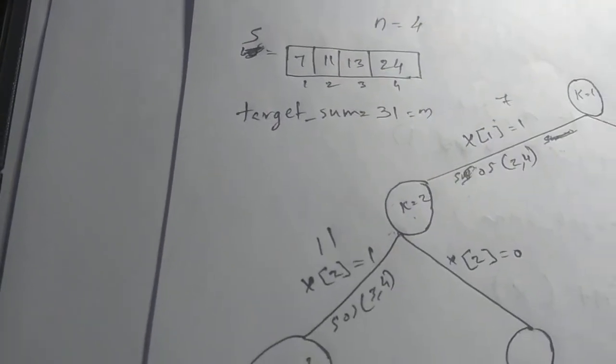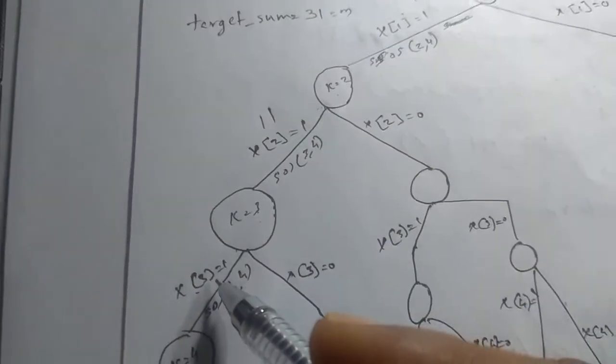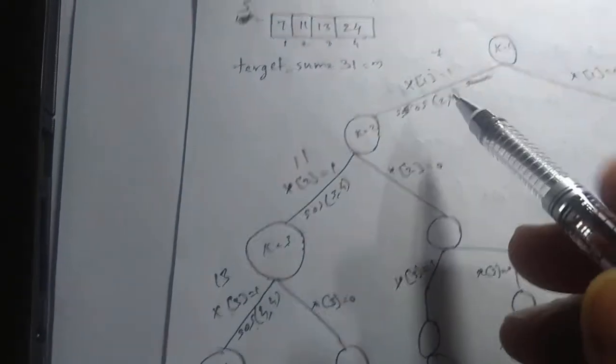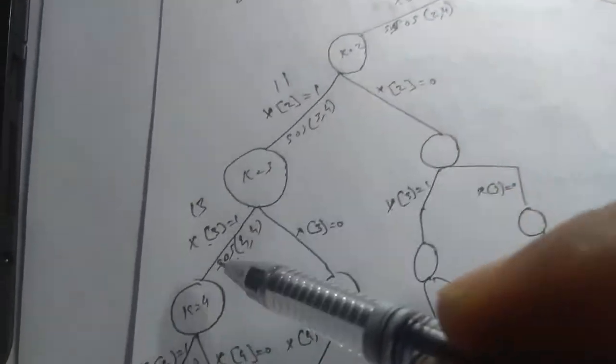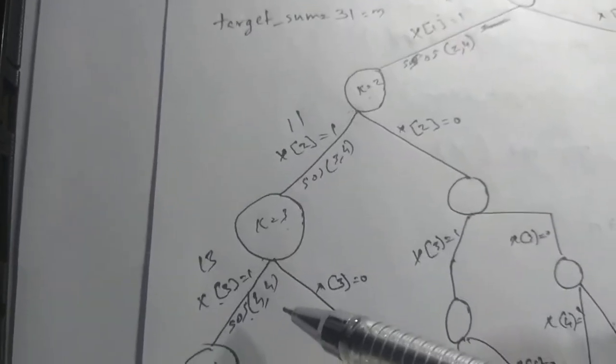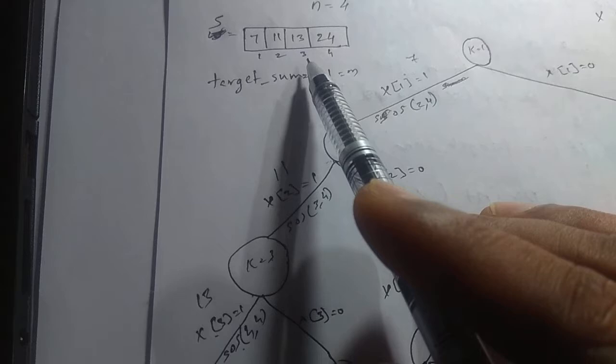And here you are considering the third element, x3 equal to 1. It is 13. So the total sum 7 plus 11 plus 13, it is 31. 31, it is our target sum. So here we have met the target sum by considering first element, second element and third element.